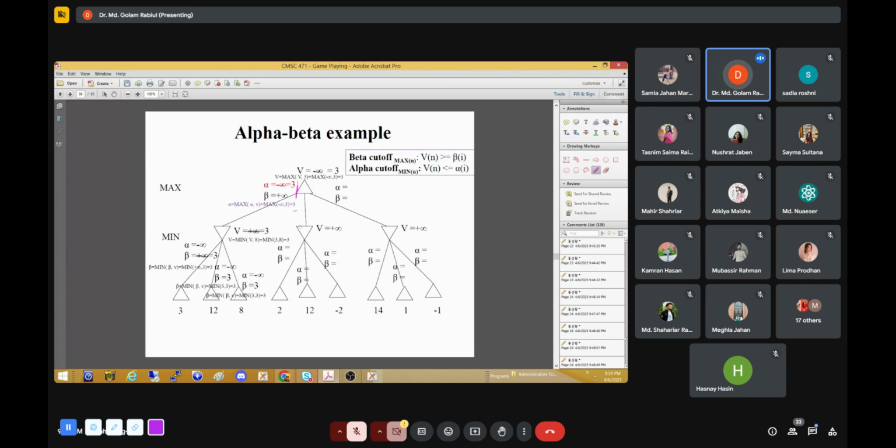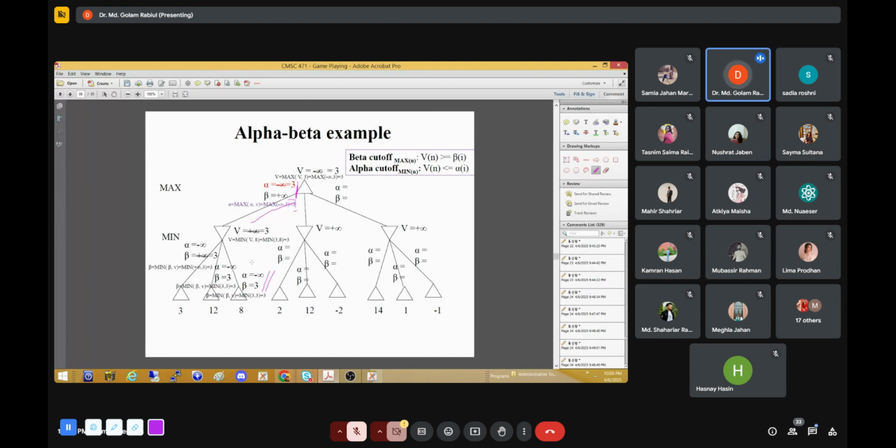One thing you have to notice is that previously at this branch, alpha is negative infinite and beta is 3. In the depth first principle, only the value of v is sent to our max node, but not the alpha beta values.